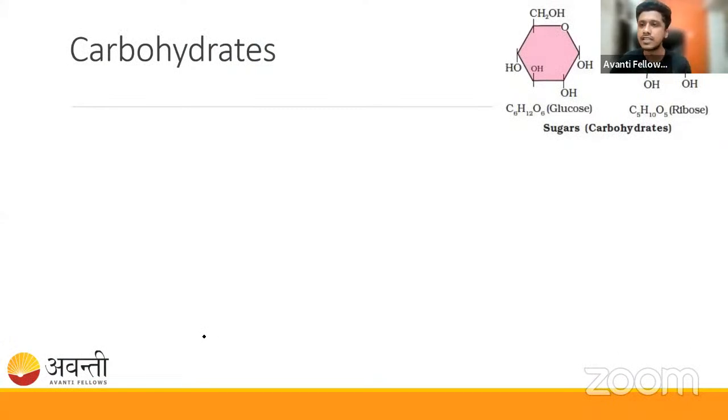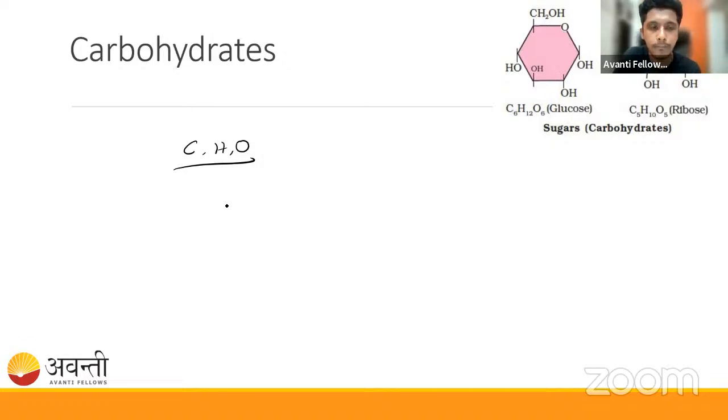Initially we will start our session by discussing carbohydrates. Carbohydrates are usually carbon, hydrogen, and oxygen containing compounds. These carbohydrates can exist in two forms when it comes to geometry, or what you call molecular structure.